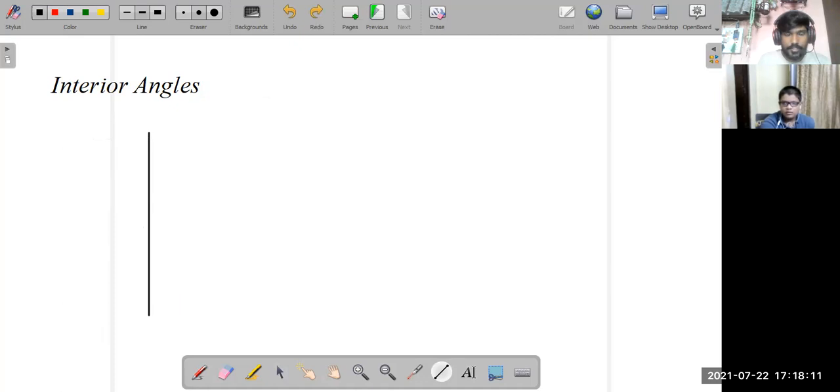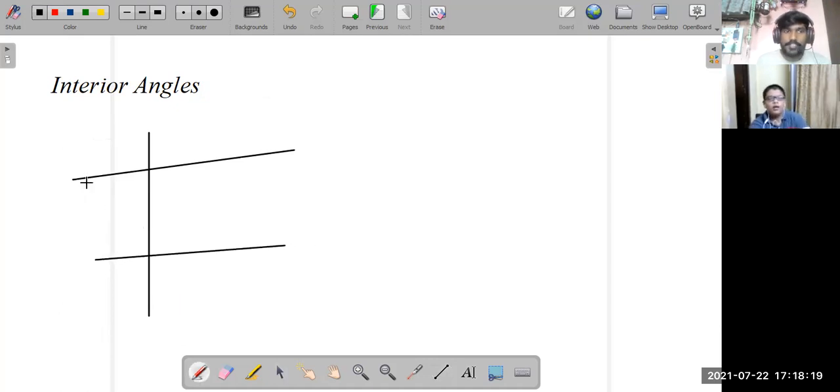When I say interior angle, what comes to your mind? As the name suggests, interior means something that is inside or outside? Inside, correct. Interior means that is inside.